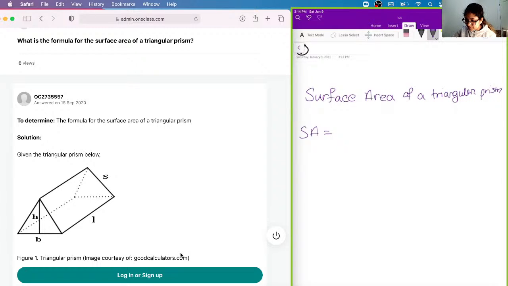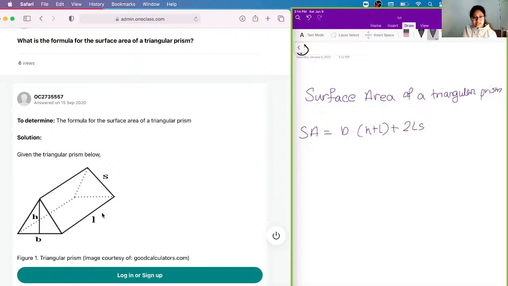Since this is an area, we know it would be multiplication and addition, and so the formula is derived from the base times the height plus the length, which you can see over here, and so plus 2 times length and the side.